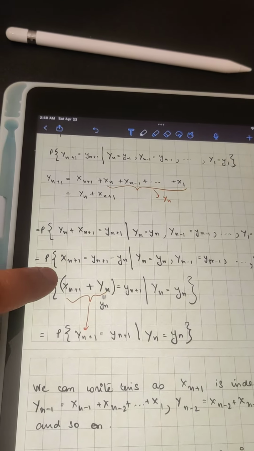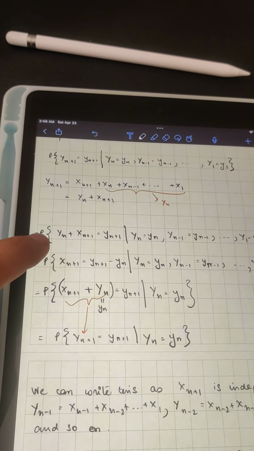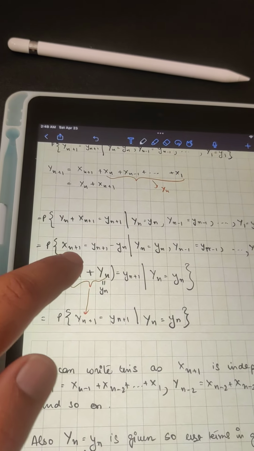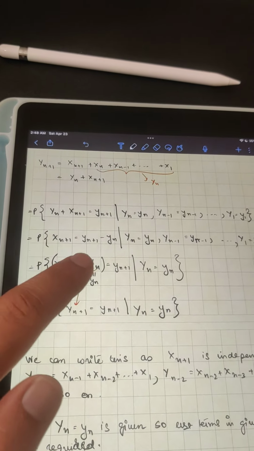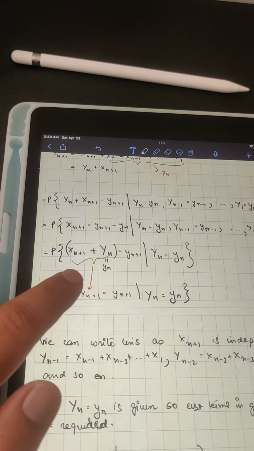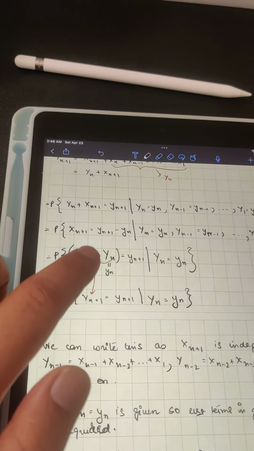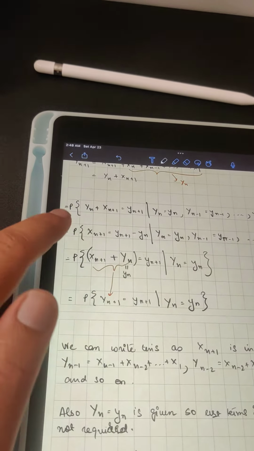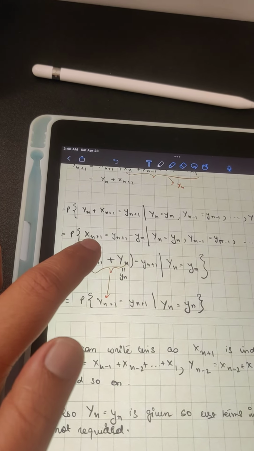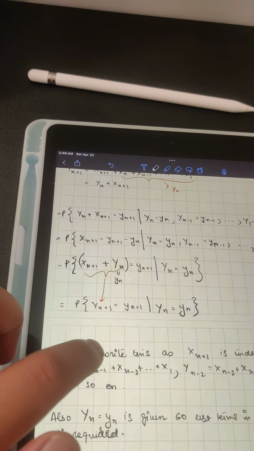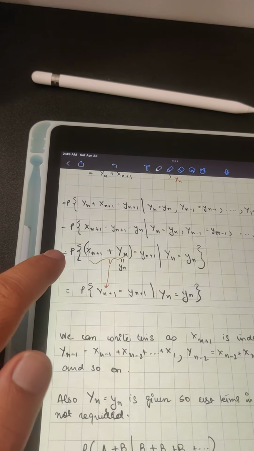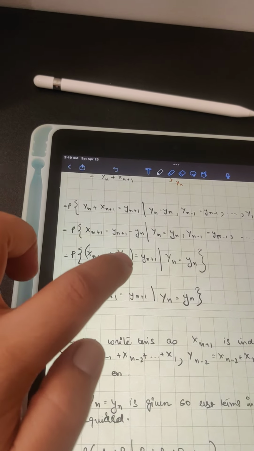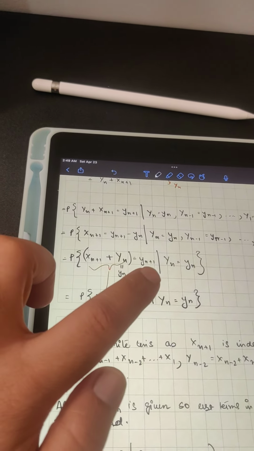Then we take this Yn to the other side, given all of this again, and capital Yn equal to small yn, we bring it to this side, right? So it becomes Xn+1 plus capital Yn is equal to small yn+1.